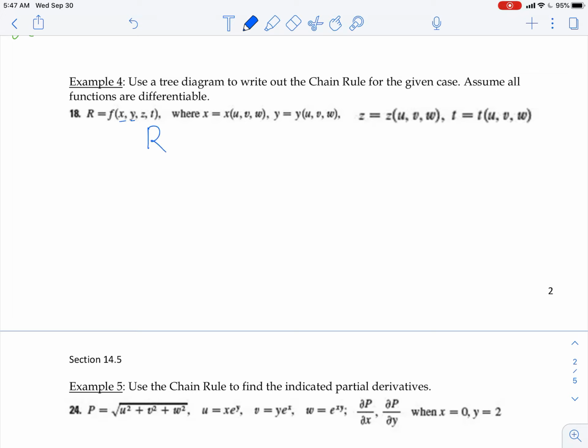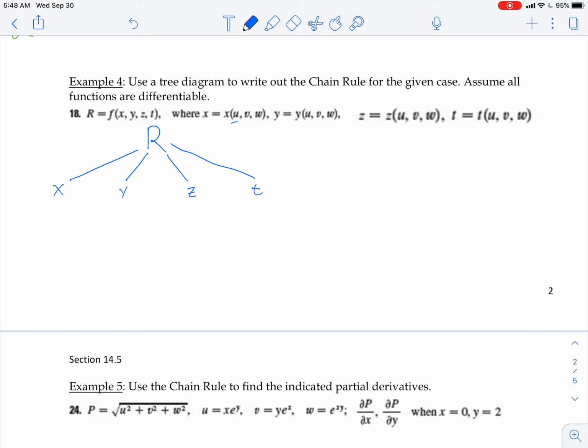So our big function is r, and now that has x, y, z, and t. So now I'm going to have a branch that goes to x, a branch that goes to y, a branch that goes to z, and then another one that goes to t.